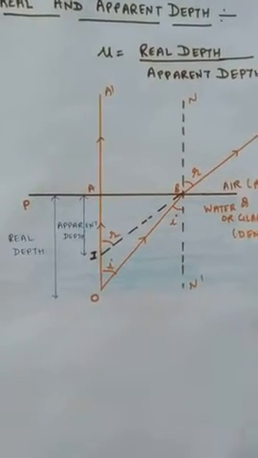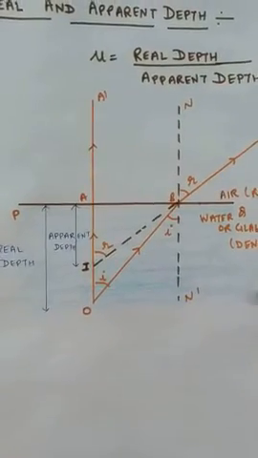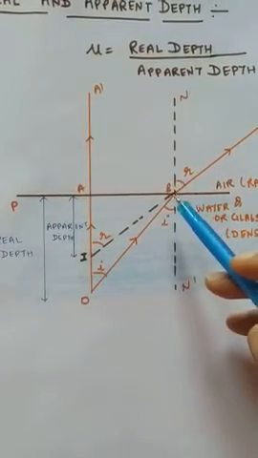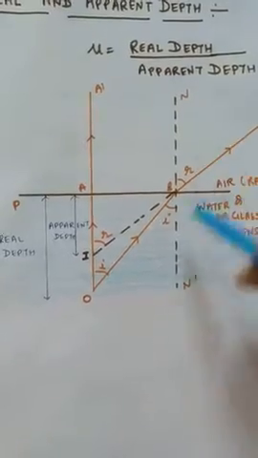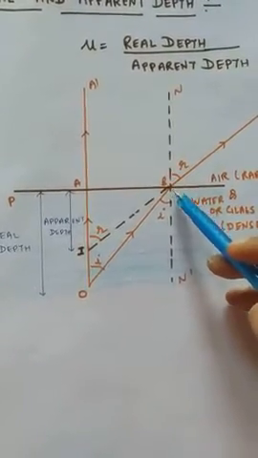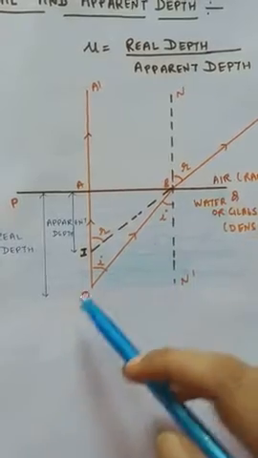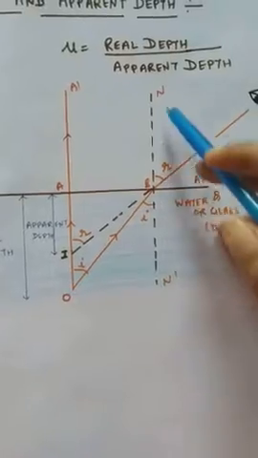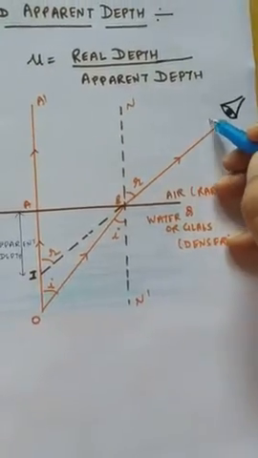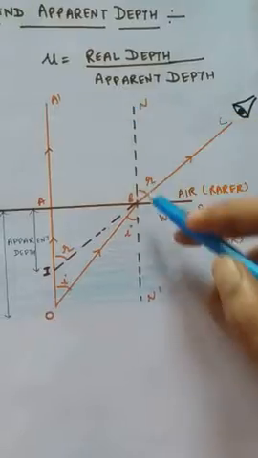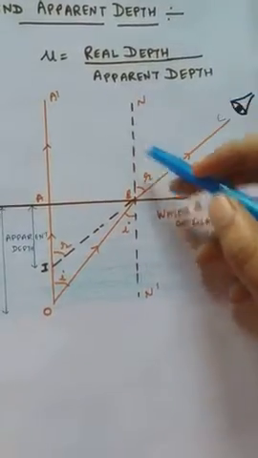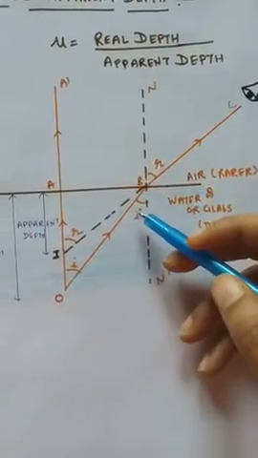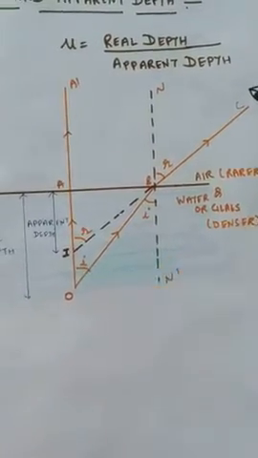Clear? Now we will derive this relation mu is equal to real depth by apparent depth. For that, OB is the incident ray and NN dash is a normal, so the angle between BN dash and OB, the incident ray and normal, is the angle of incidence, so this will be I. Take this point as C. BC is the refracted ray and BN is the normal, so this will be the angle of refraction R. Now in this case, this angle and this angle will be equal.